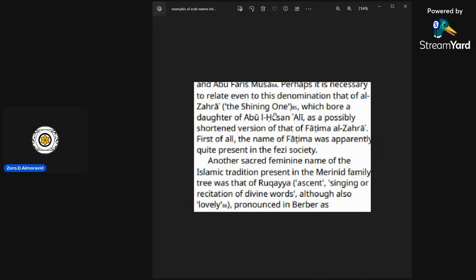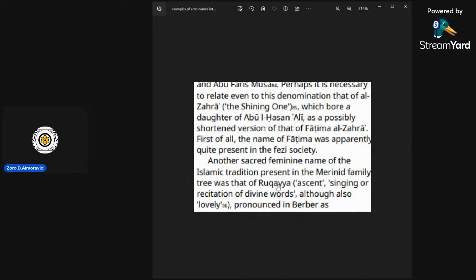We have Al-Zahra, which was borne by the daughter of Abu Hassan Ali, possibly a shortened version of Fatima Zahra, which is an Islamic name. Fatima, as proven by this study and the historiography of the Marinids, was apparently quite present in Fezi society.